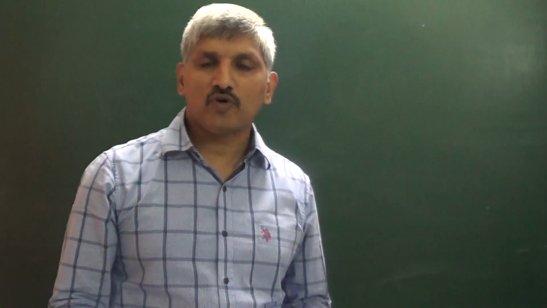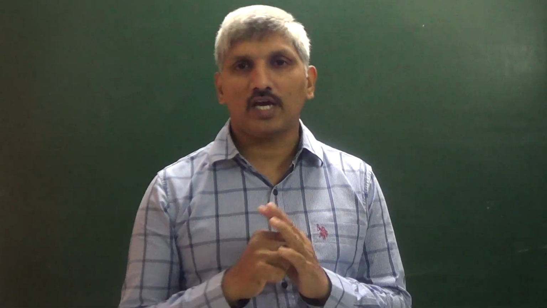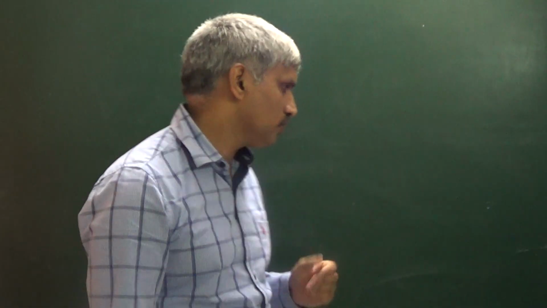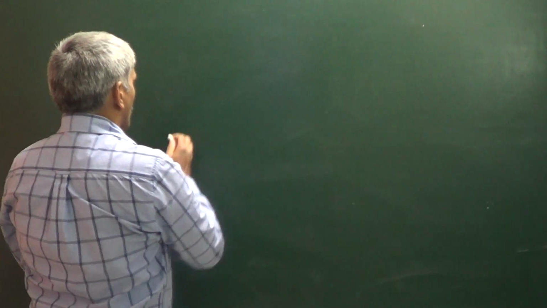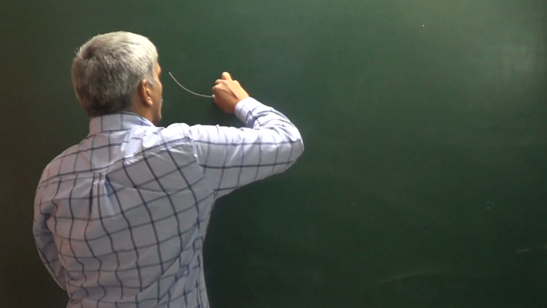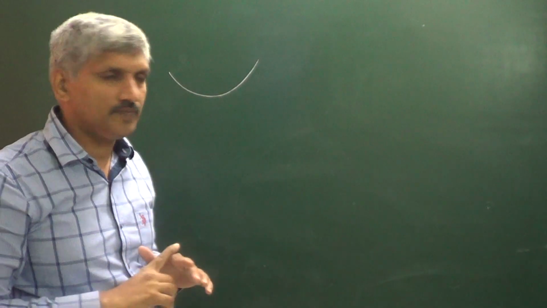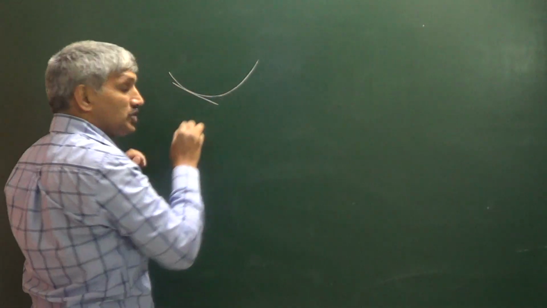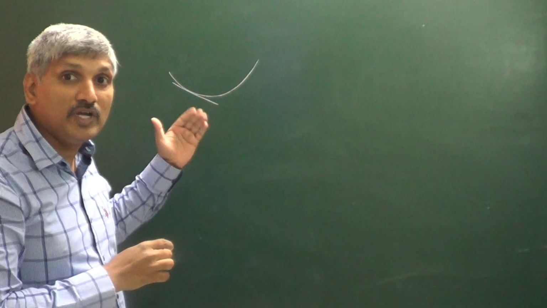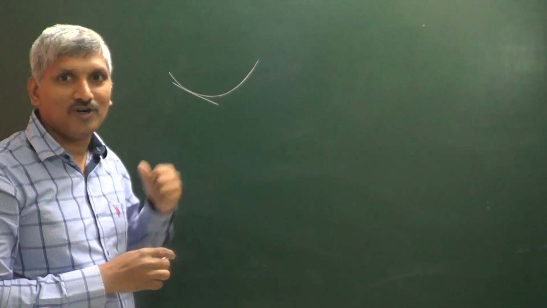So now again I am going to discuss here concavity. So concavity of the given curve. So what is concave upward? First of all, this is the meaning of concave upward. Anywhere you draw a tangent to the curve, if the tangent lies completely below the curve, then it is said to be concave upward.